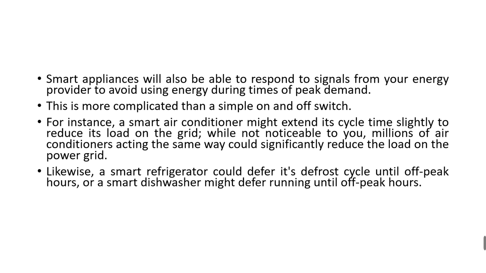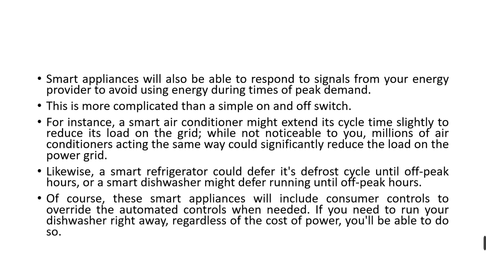Another example is that a smart refrigerator could defer its defrost cycle until the off-peak period. If a smart appliance can communicate directly with the utility companies, you can reduce your electricity bill significantly, and this will also result in a reduction in load on the power grid.